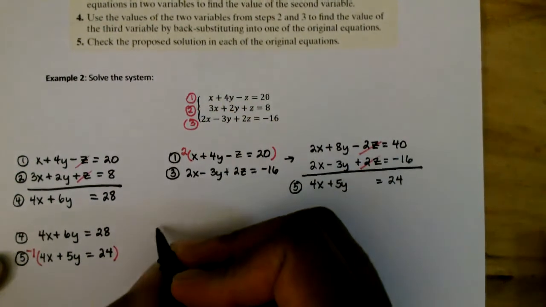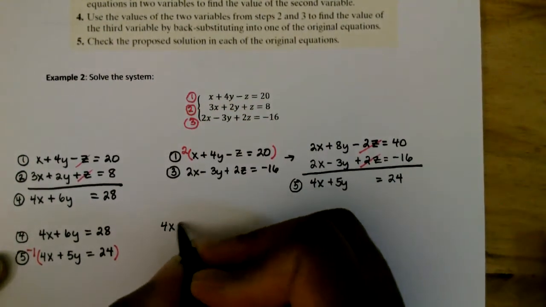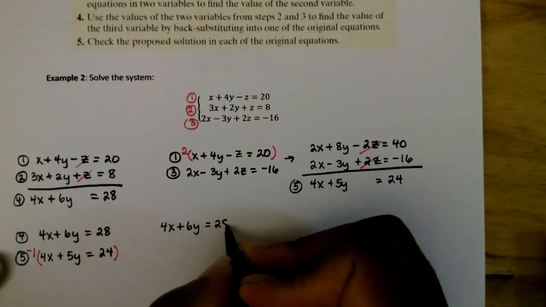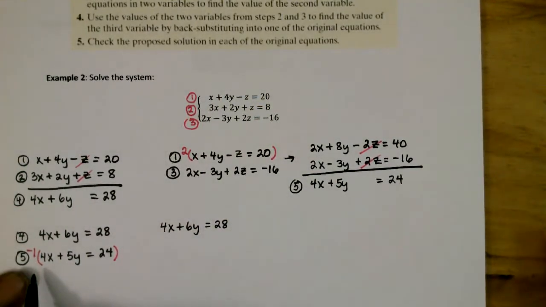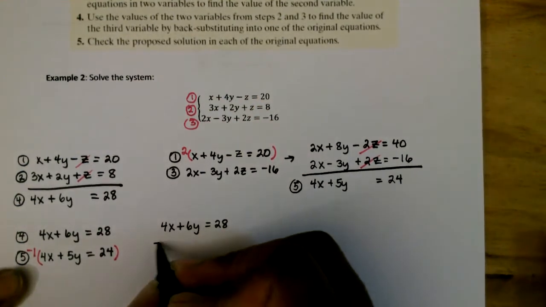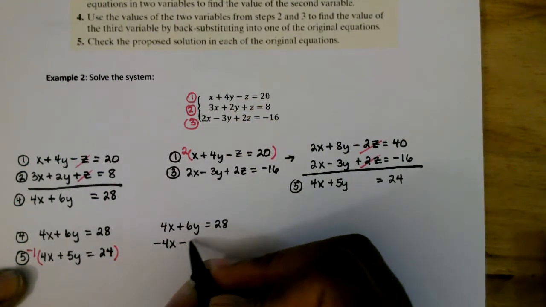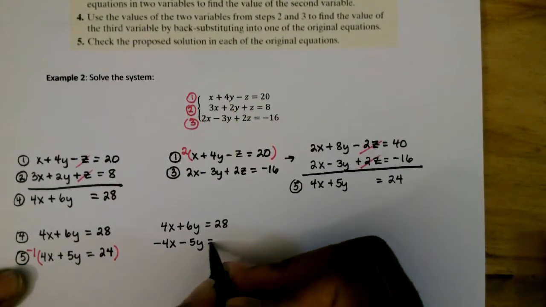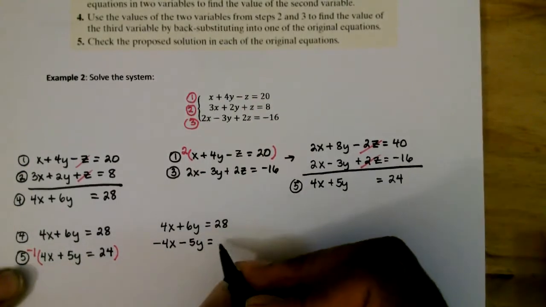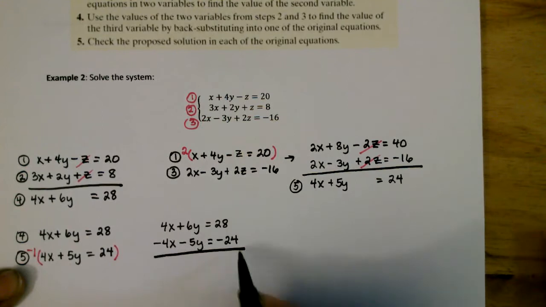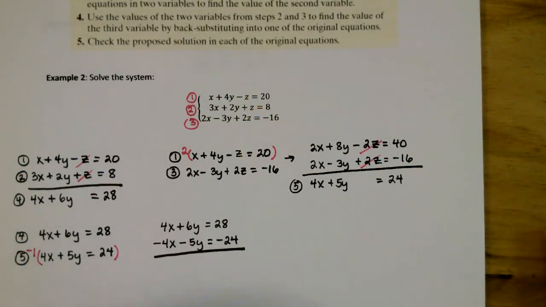So equation 4, I'll rewrite as 4x plus 6y equals 28. But when I multiply equation 5 by negative 1, that'd be negative 1 times 4x, that's a negative 4x. Negative 1 times a plus 5y will be minus 5y, equaling negative 1 times 24, negative 24. Now I can add those 2 equations together.